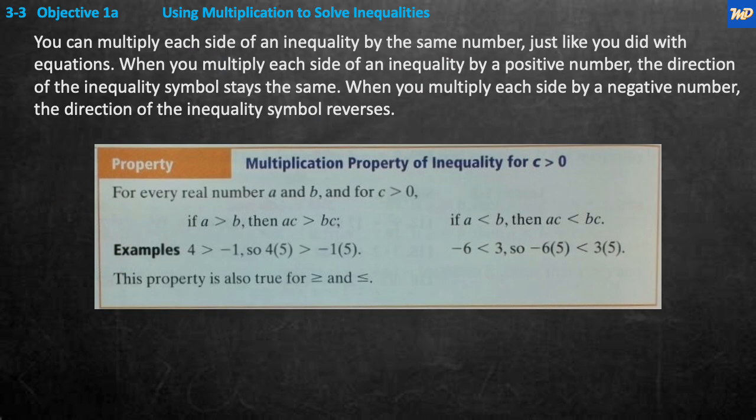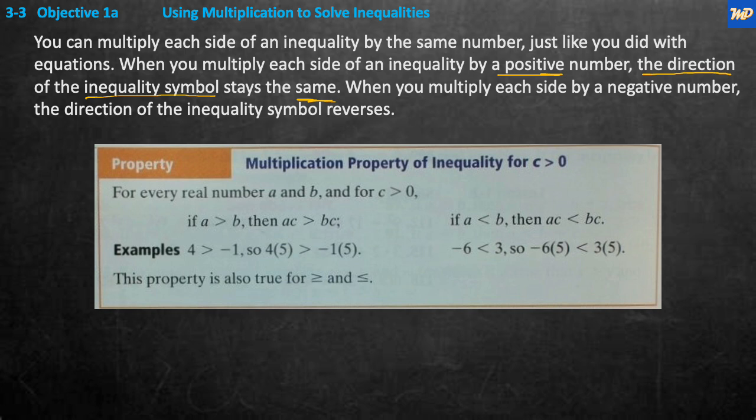Okay, objective 1. Using multiplication to solve inequalities. You can multiply each side of an inequality by the same number, just as you did with equations. When you multiply each side of an inequality by a positive number, the direction of the inequality symbol stays the same.